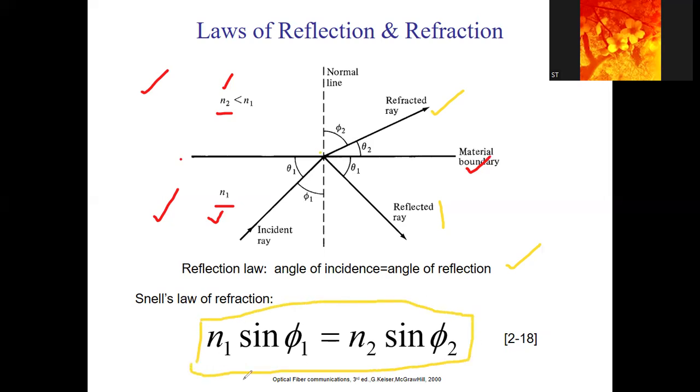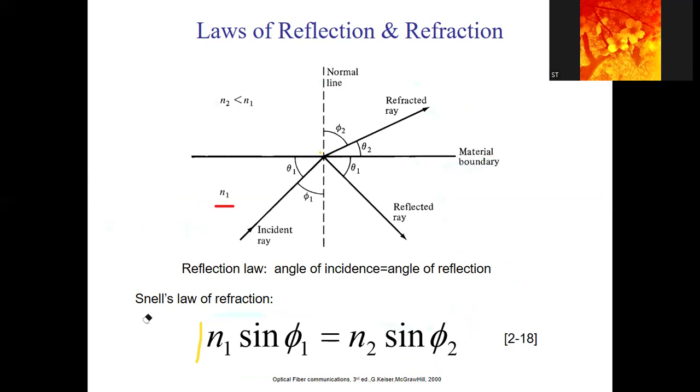I have referred to the book Optical Fiber Communication, third edition, by Keiser, Tata McGraw Hill publication. You can go through this book and read about reflection and refraction in more detail.